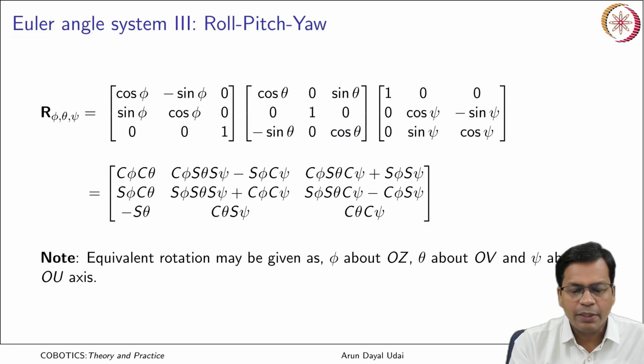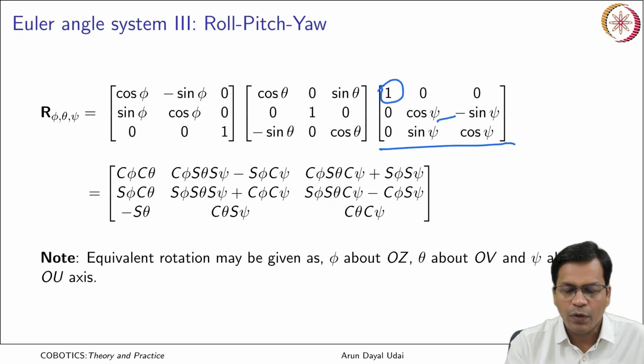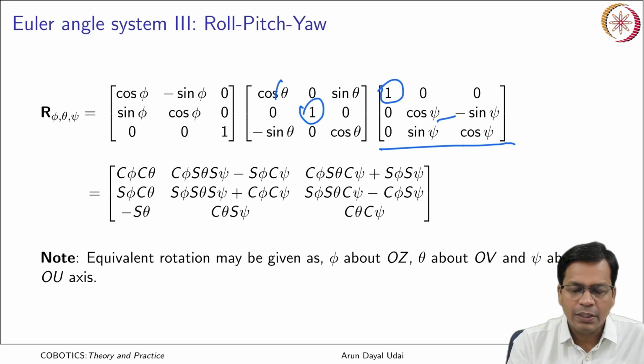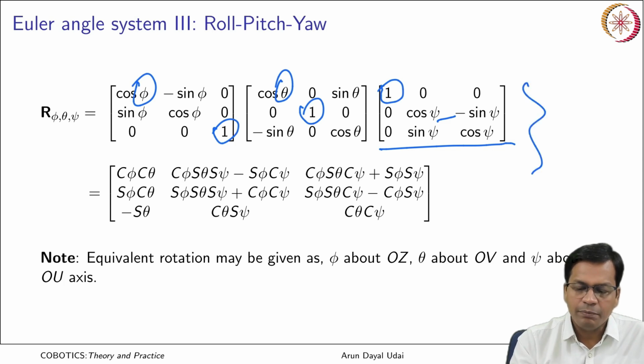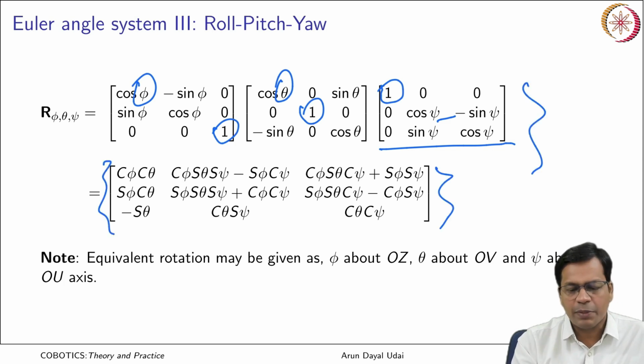If you write them in matrix form, this is your rotation about the x axis by an angle phi, y by theta, z by psi. Multiply them, you get this. Again this can be expressed as global, local, local.